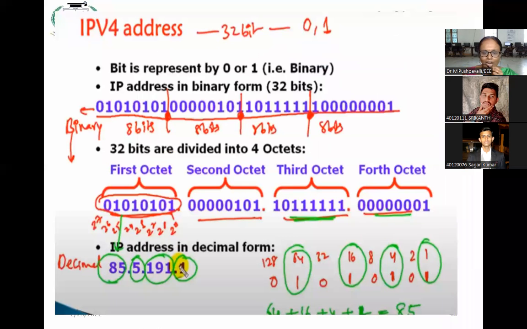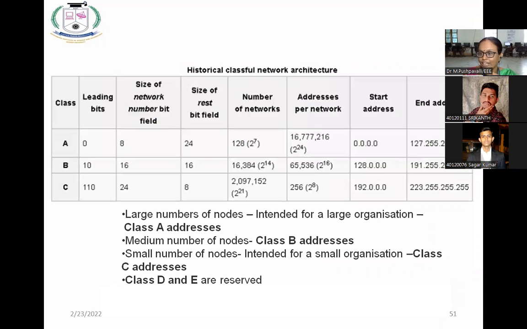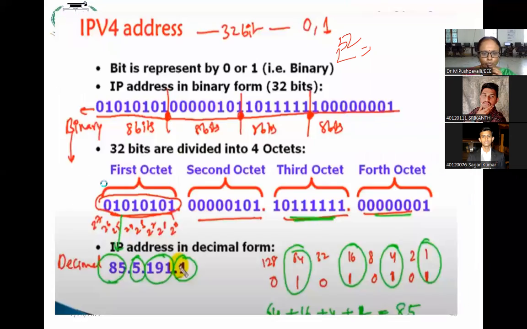So address shortage is why we have gone with this kind of addressing. That's why we are using subnetting, CIDR, NAT and all, and then IPv6. Imagine we are using 2^32 addresses in IPv4, around 4.3 billion.